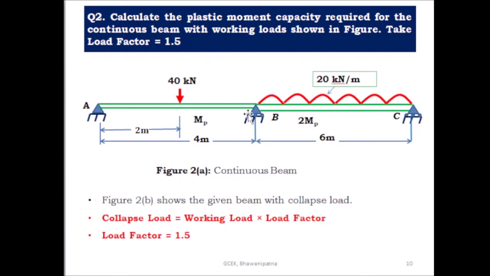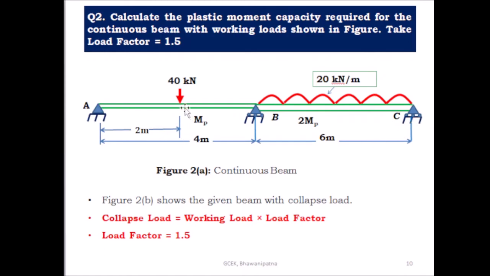The span AB length is 4 meter and span BC length is 6 meter, and the plastic moment of span AB is given as Mp, and of span BC is given as 2 Mp. There is one concentrated load of 40 kilonewton at the midpoint of span AB, and a uniformly distributed load of intensity 20 kilonewton per meter throughout span BC.